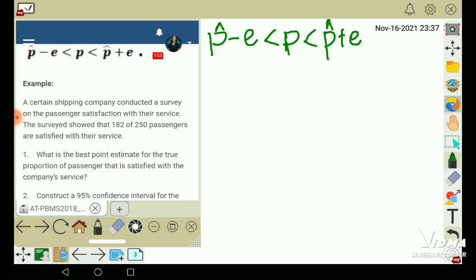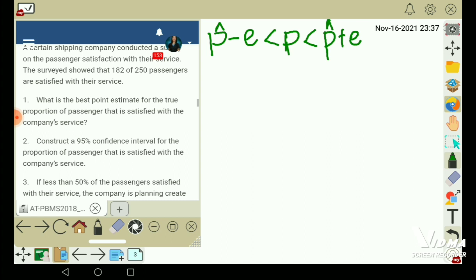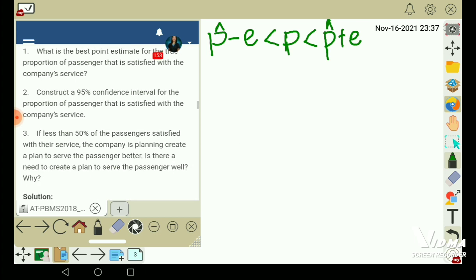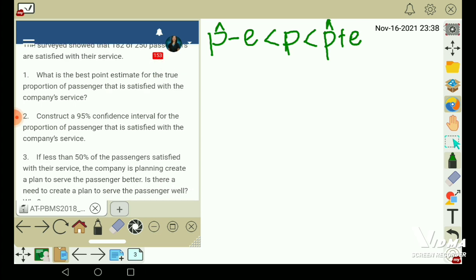Okay, so example: a certain shipping company conducted a survey on the passenger satisfaction with their service. The survey showed that 182 of 250 passengers are satisfied with their service. What is the best point estimate for the true proportion of passengers that is satisfied with the company's service? Second, construct a 95% confidence interval for the proportion of passengers that is satisfied with the company's service.